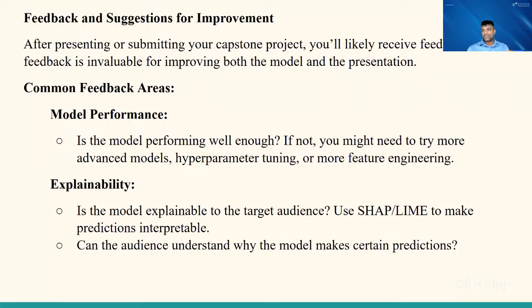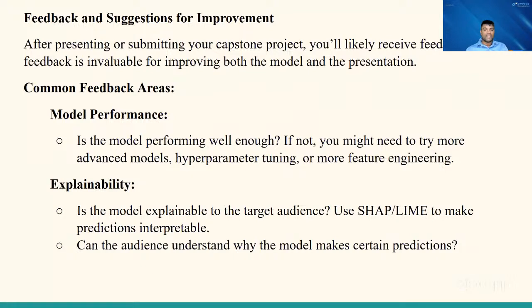Then the common feedback areas, I've mentioned a few, like model performance: whether the model performance is enough, or we may have to try even more advanced algorithms, which can help in building better projects, or you could say better performance in the model.